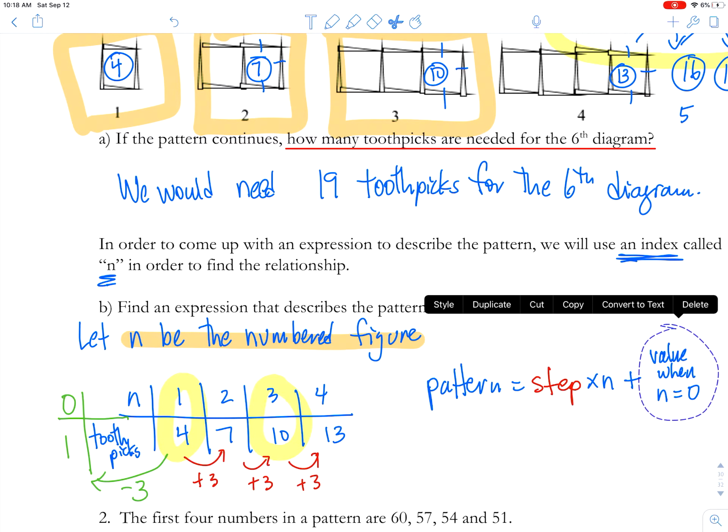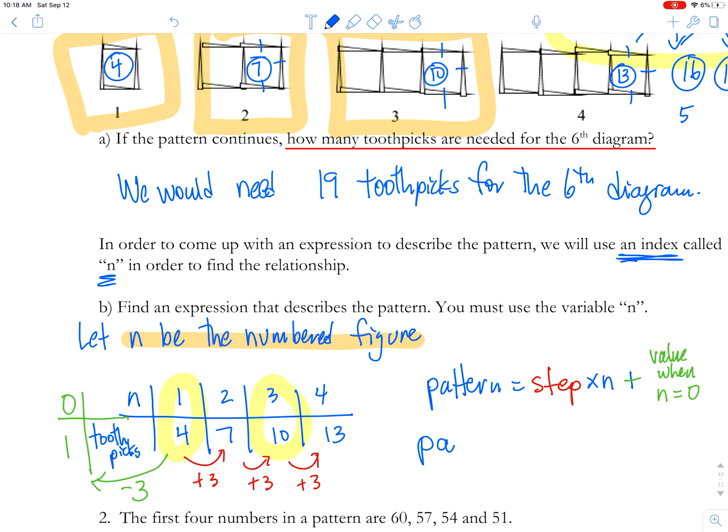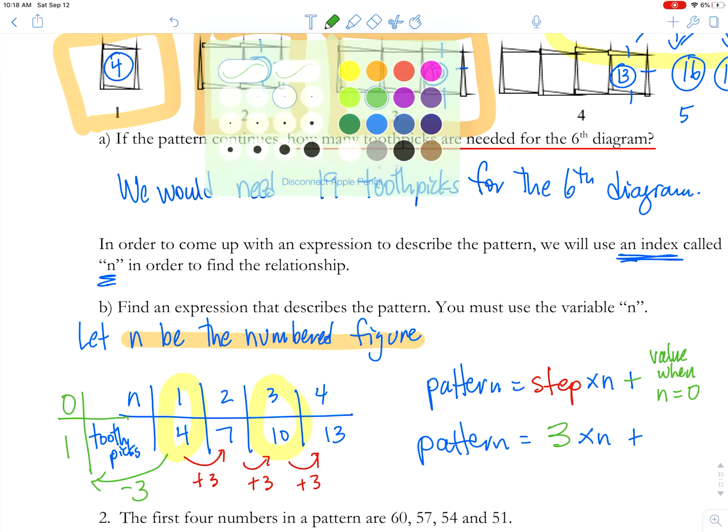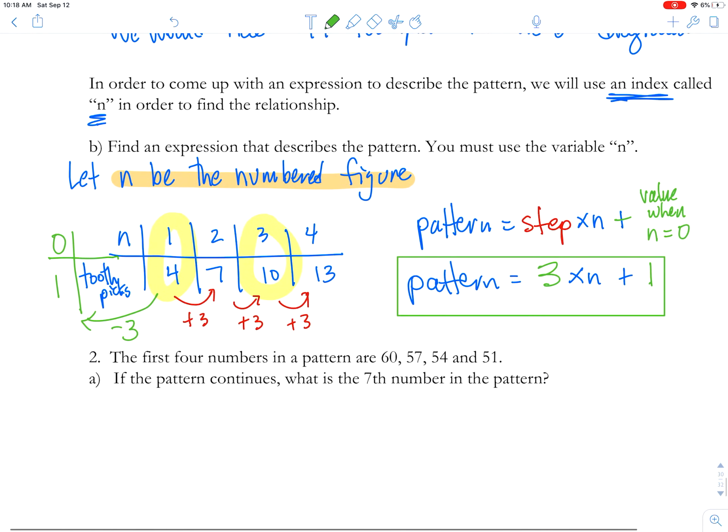This should be green. So in this particular question, our pattern is going to equal the step, which was plus 3 times n, and then I'm going to have to add my original when n equals 0, and I'm going to get this final expression for the pattern.